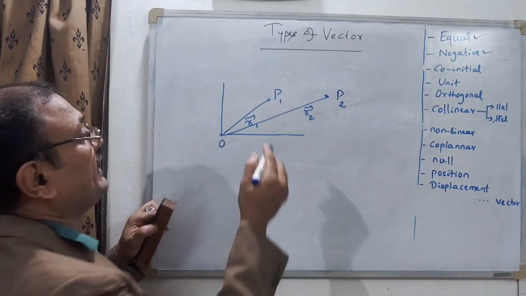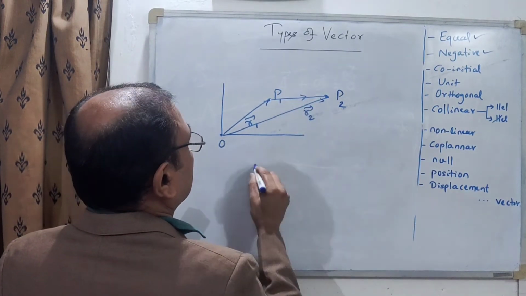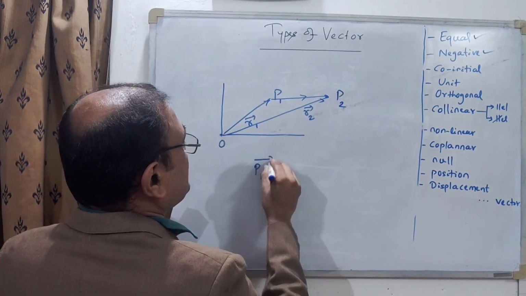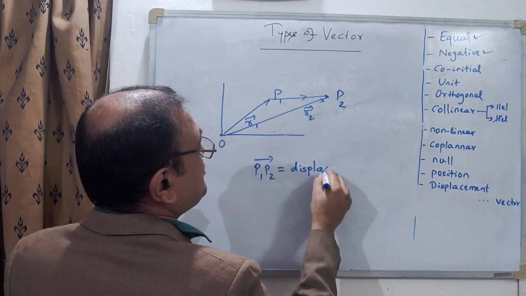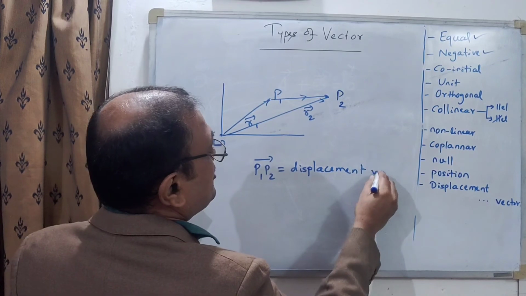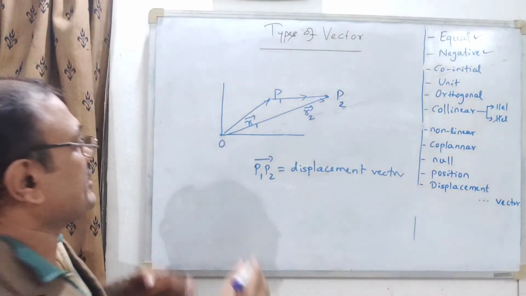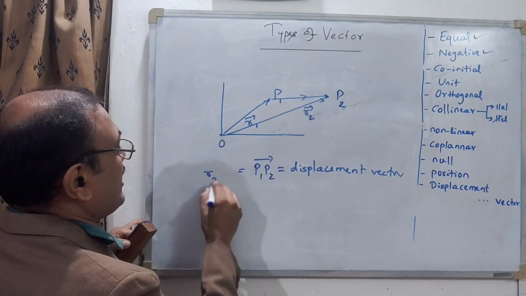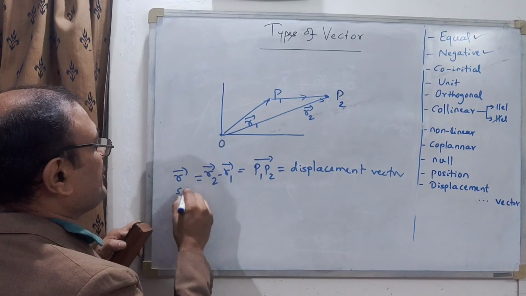Then I can say that P1P2 is the displacement vector, which is R2 vector minus R1 vector.